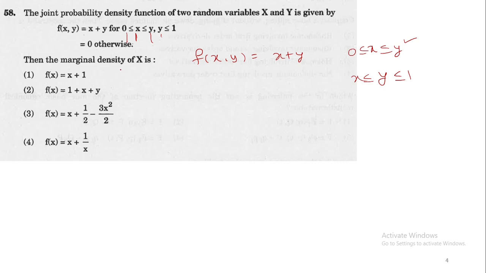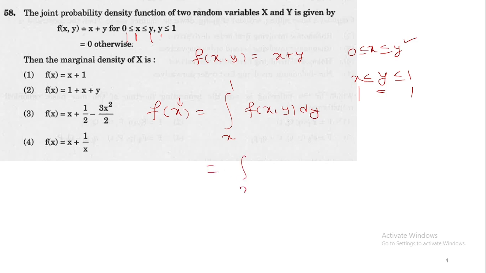They are asking for the marginal density of x. So the marginal density of x is f of x equals the integration of f of x comma y dy, because we want f of x, so we have to integrate with respect to y. And what is the range of y? The range of y is from x to 1. So the lower limit is x, the upper limit is 1.